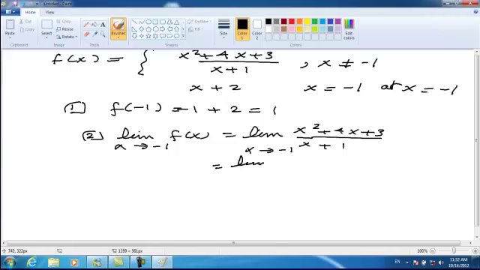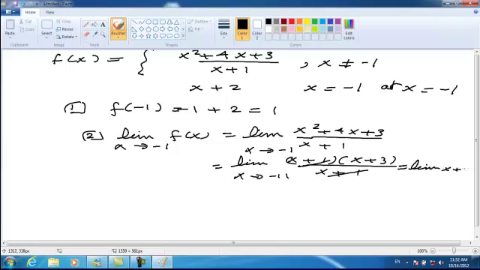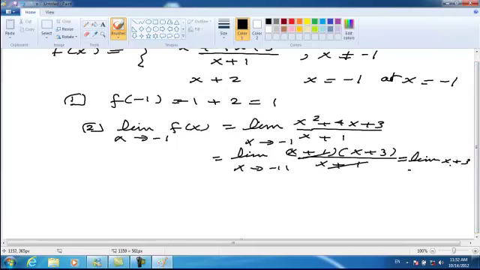Factorization of the numerator: x plus 1 multiplied by x plus 3 divided by x plus 1, as x tends to minus 1. Cancel x plus 1 from the denominator and numerator, equals limit of x plus 3 as x tends to minus 1, equals minus 1 plus 3 equals 2.